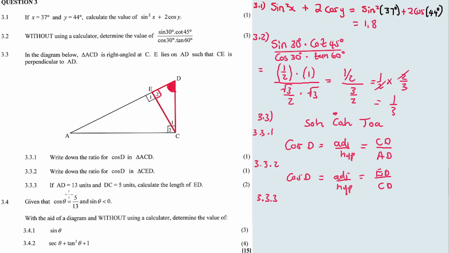Okay, if AD is 13 units and DC is 5 units, calculate the length of ED. Okay, bheka ke la. Bangiphe ubani uAD, yes. Babuya bangipha nobani no CD. Bathi ngicalculate ubani uED. CD and DC, it's the same thing, ne?